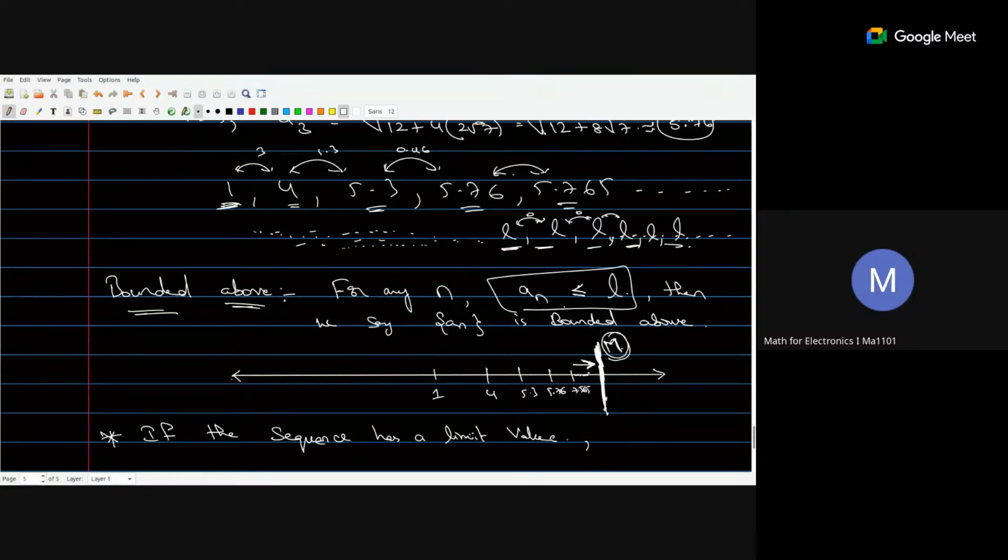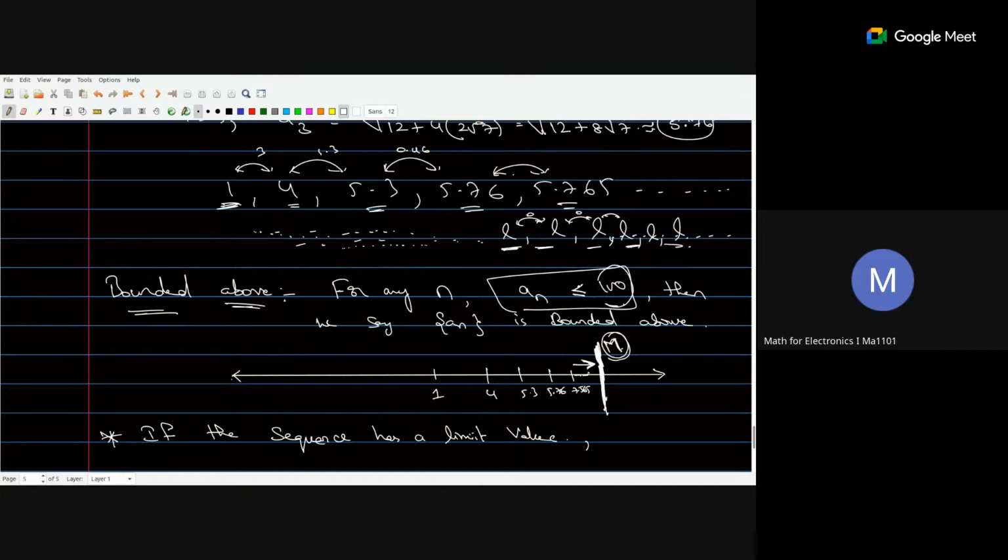If you can come up with some L, or as I said, 100 is also okay. If you are convinced that whatever the sequence terms are, they will not cross 100, I can simply say for any n, my AN will not cross 100.